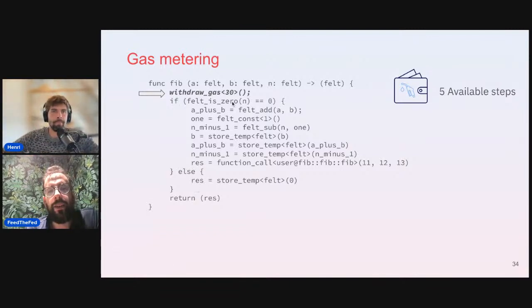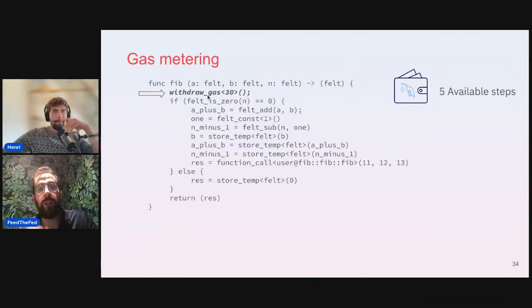And how we handle gas metering, instead of updating the counter after every single instruction, is that we can, ahead of time, say how much gas is needed. And every instruction can, and this can be checked at compile time, decrease from this counter. So let's say I added an artificial instruction here.